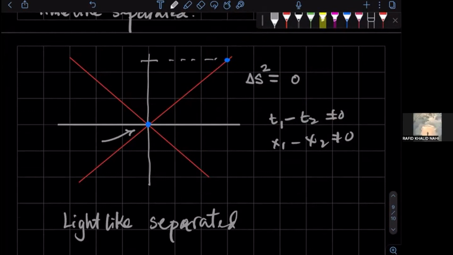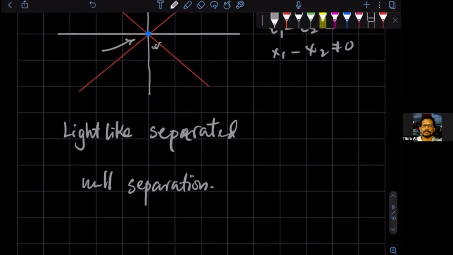So is the physical interpretation of light-like separation that they're just separated by a light ray or a pulse? Yeah, exactly. You can reach this event from this event by a laser gun. Okay.